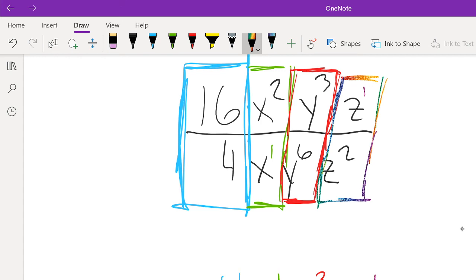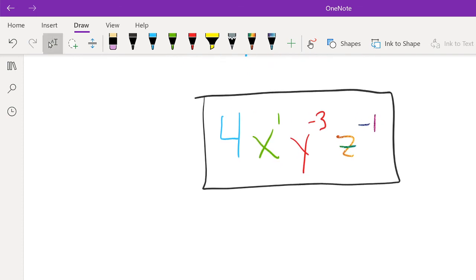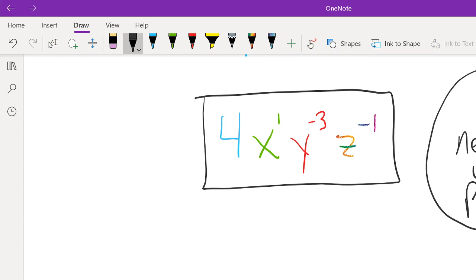Now, a lot of times, they don't want you to write the answer like this. So this would be fine, normally. I would be okay with this. If you were my student, I would be fine if you wrote it like this. But a lot of textbooks and a lot of teachers don't want you to have negative powers. Right? No negative powers. And this is your teacher talking here.